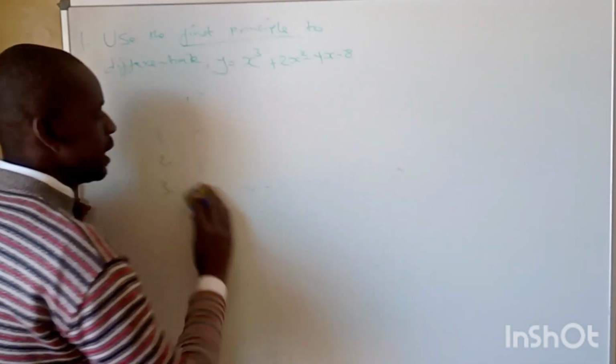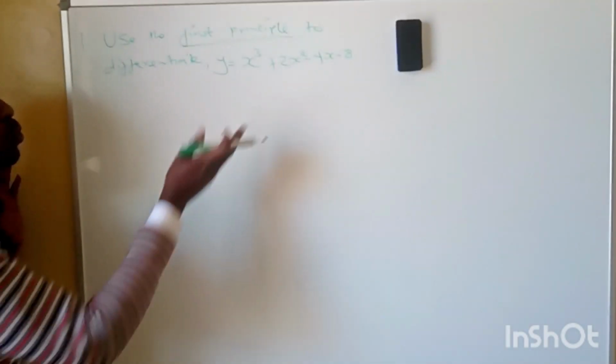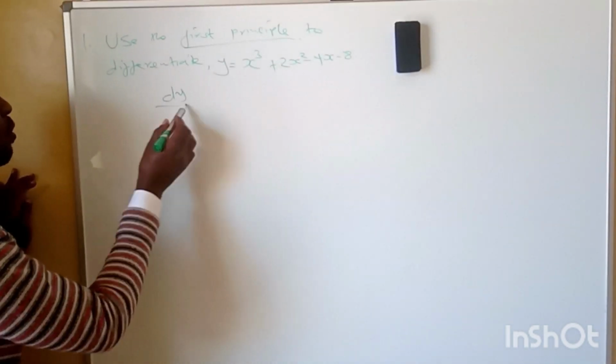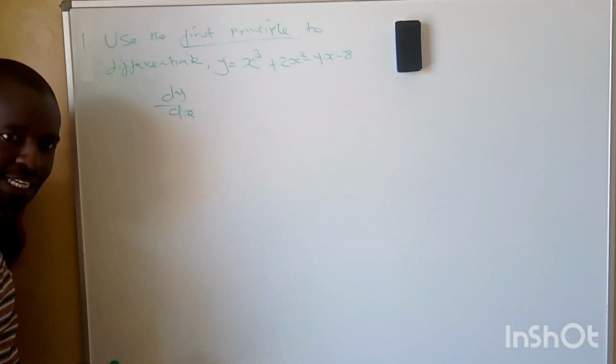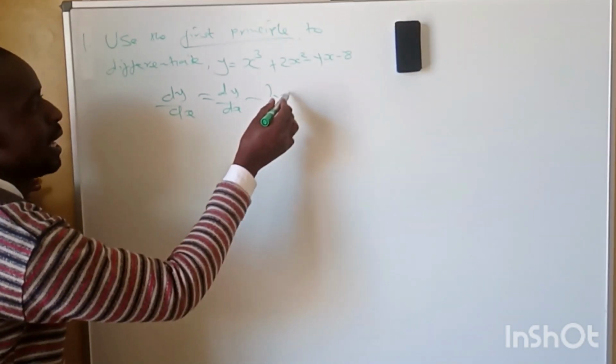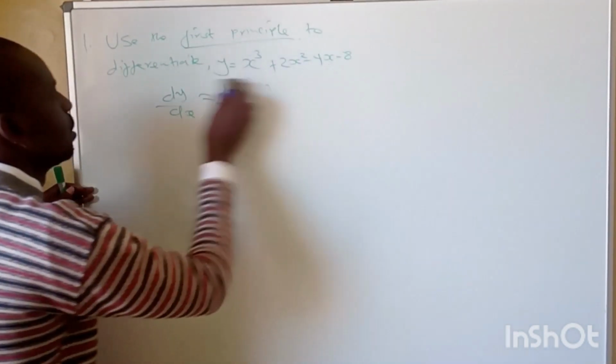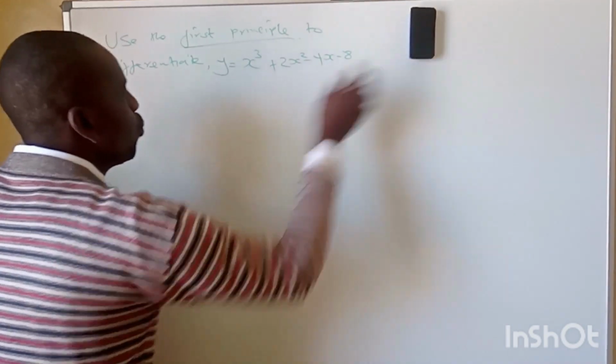So let's proceed. If we want to use the first principle to differentiate that, remember, we know that dy over dx for a linear equation is just change in y over change in x.